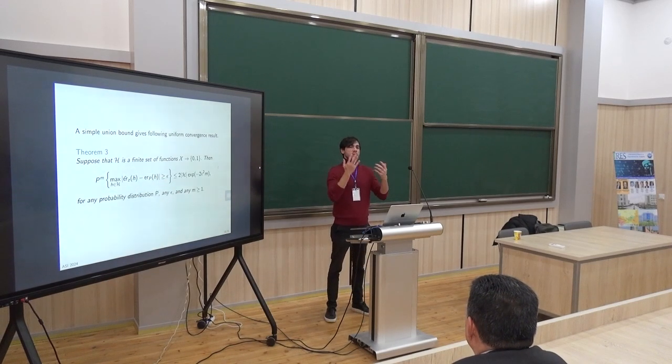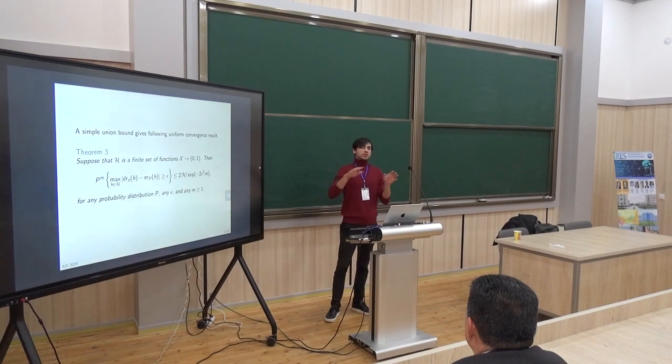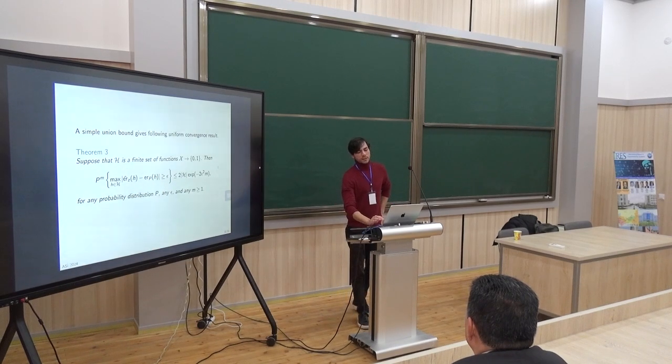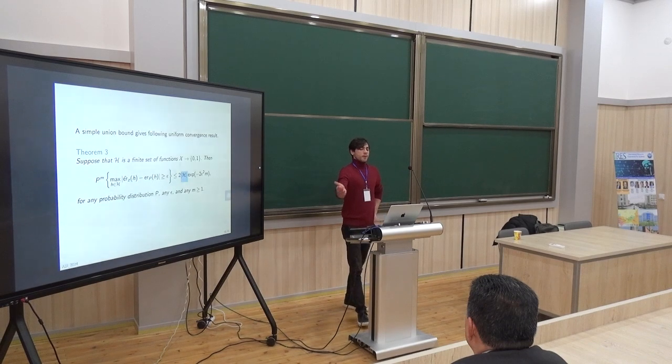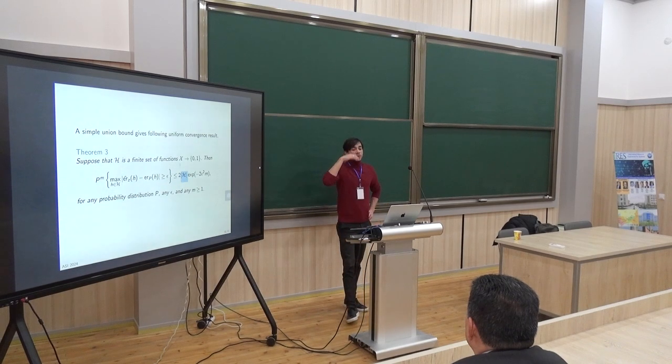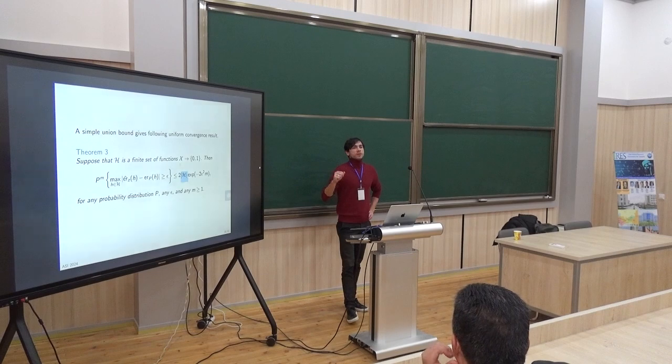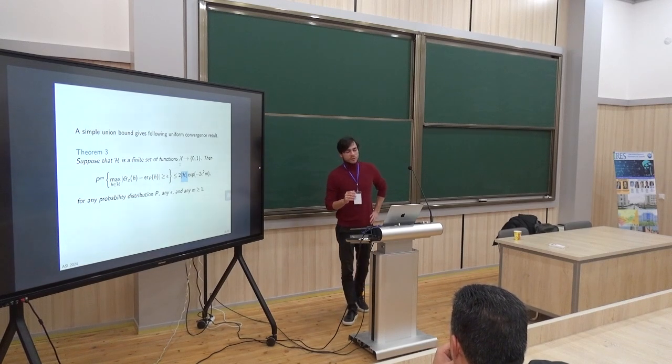And that's what we're going to try to exploit, to conclude that even if we have an uncountable union of events, they are overlapping in such a way that the total probability is not the sum of probabilities, but much less than that. We're going to try to get rid of this infinity somehow by using that. So the union bound is way too generous. It doesn't really work if you have an infinite hypothesis class.